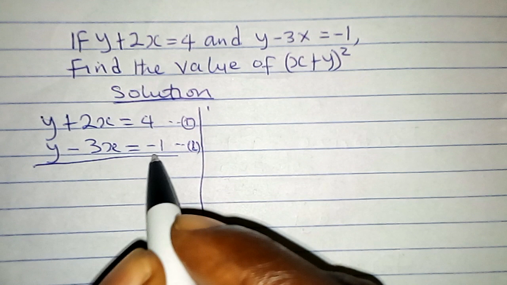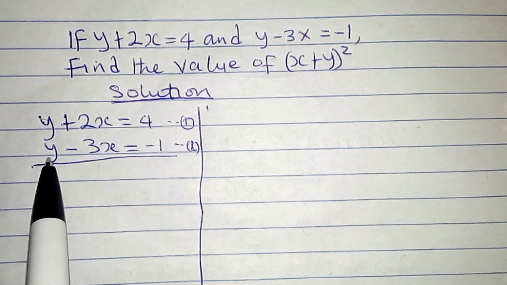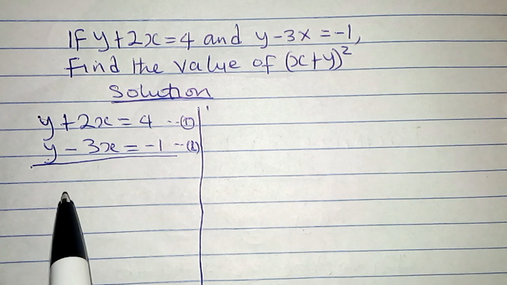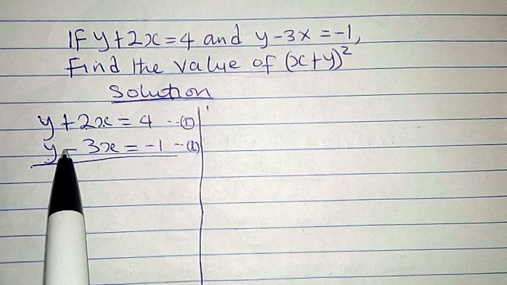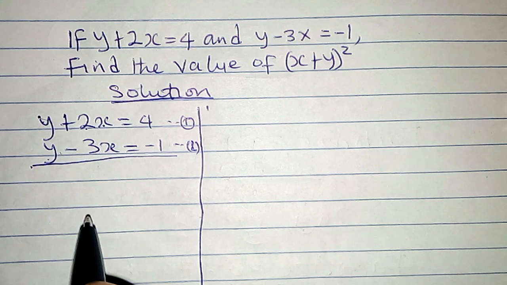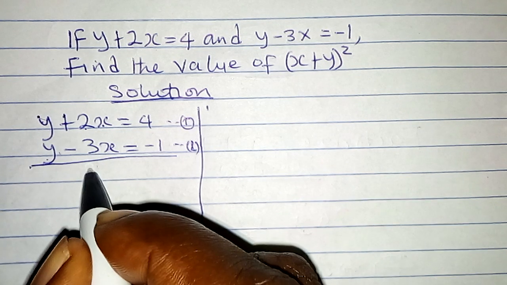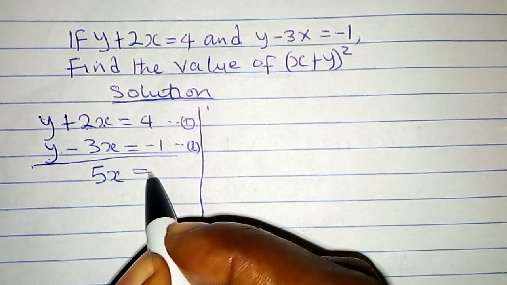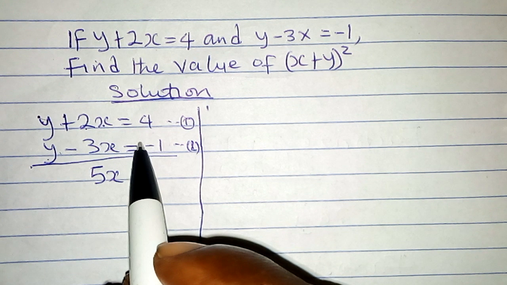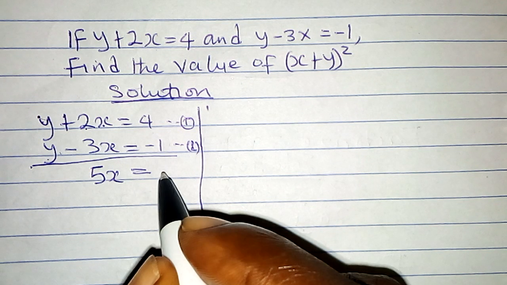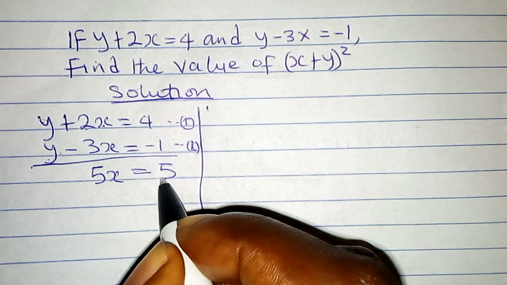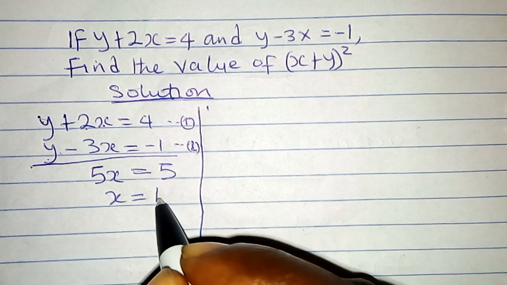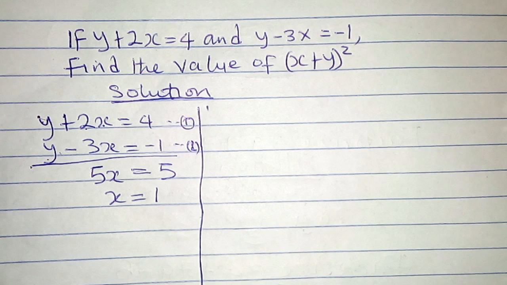If we do that, it simply means that y will cancel y, because y − y will become 0, while 2x − 3x will give us −x... Which is equal to 4 − (−1), which will give us 5. Therefore, x is equal to 1. x is equal to 1.